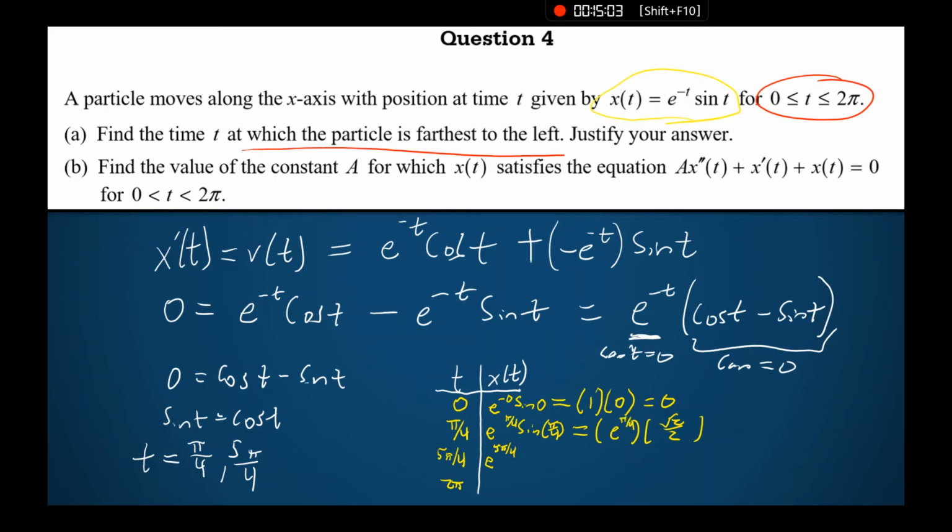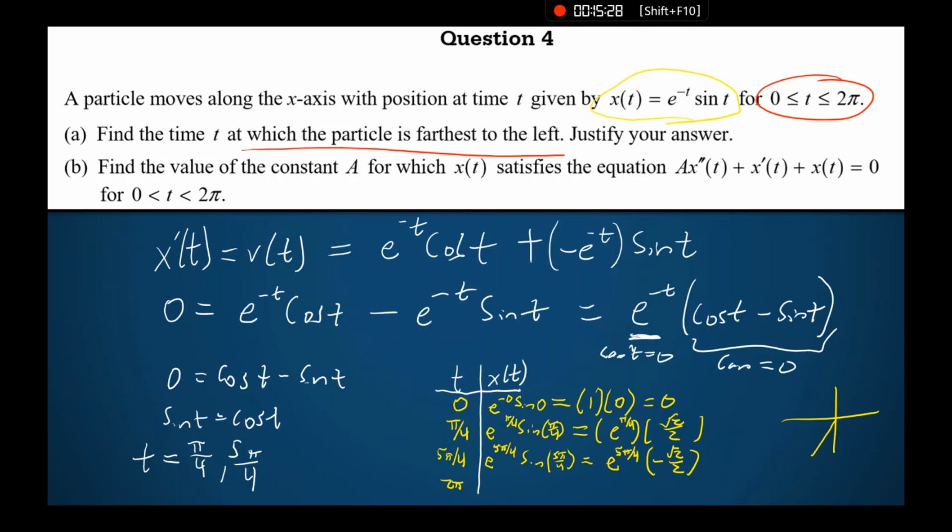Okay, e to the 5 pi fourths times the sine at 5 pi fourths. What's the sine at 5 pi fourths? Negative root 2 over 2. Okay, so far I've got 0, a positive value, and a negative value.